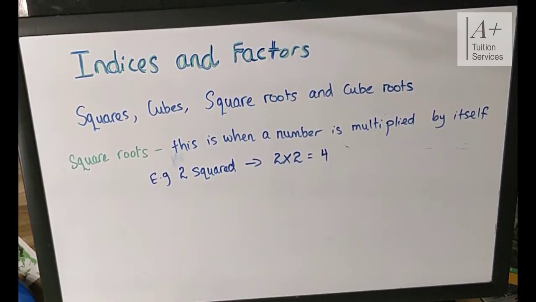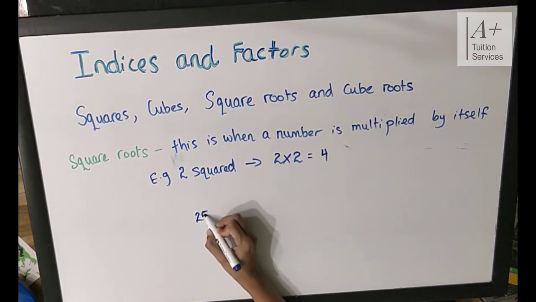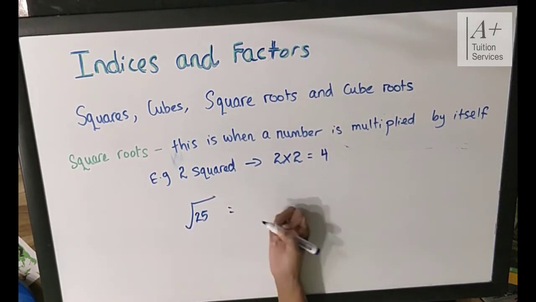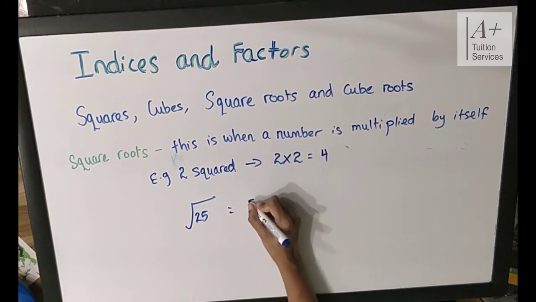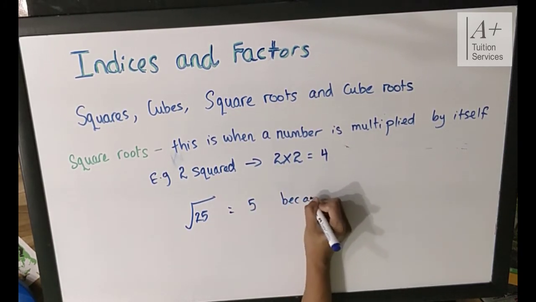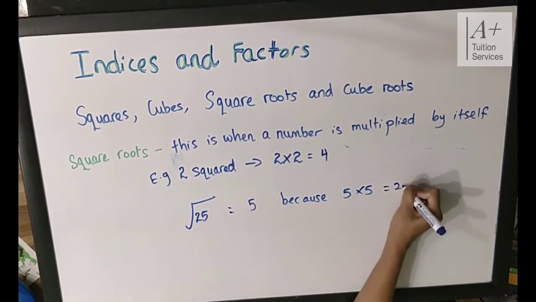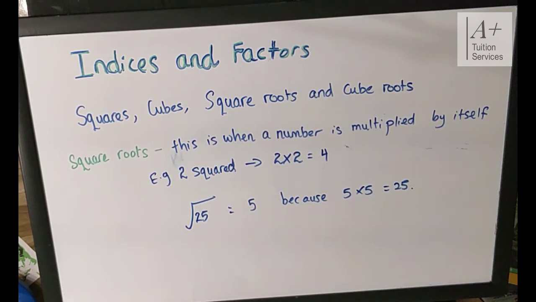Again, you should have paused the video and taken that down. Let's say I have 25. The square root of 25 is equal to 5, because 5 multiplied by 5 is equal to 25. Good? So this was square numbers and square roots.